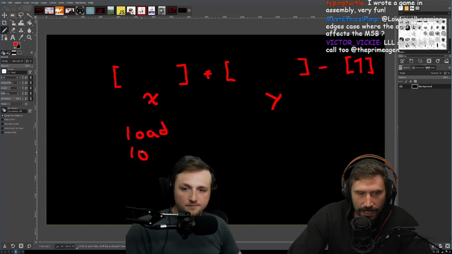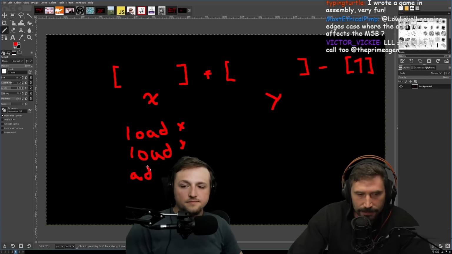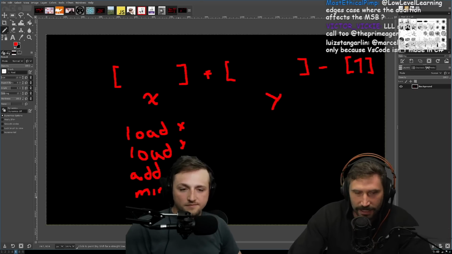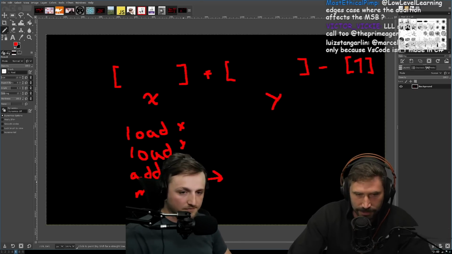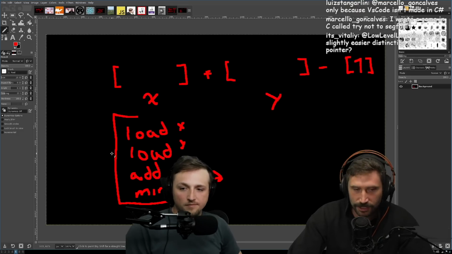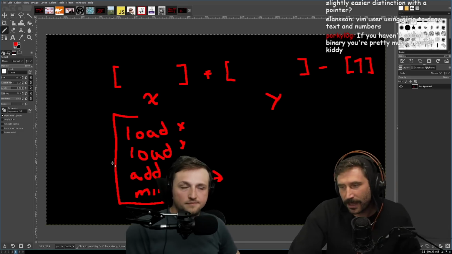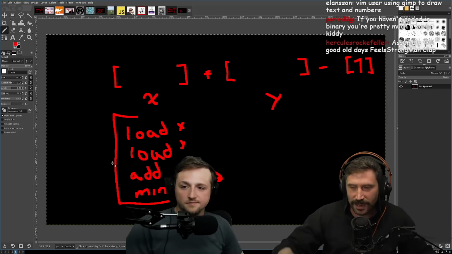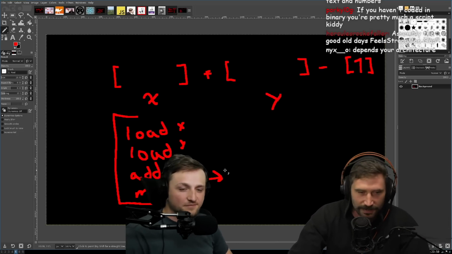You have to load Y onto another register. I don't know, whatever that's called. Then you do some sort of add operation. Then maybe there's some sort of -1 operation that can be done, and boom, you've got an answer that's on some other register. That's my basic understanding, that you have to push things onto values and do operations on those values. I'm not sure how correct I am on that, but that's the little box I've drawn around it in my head. Yeah. Right.